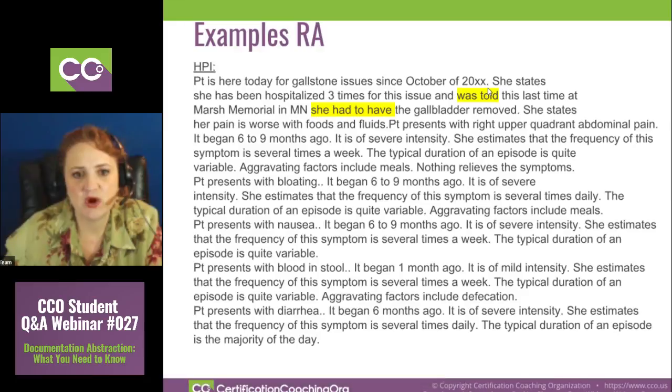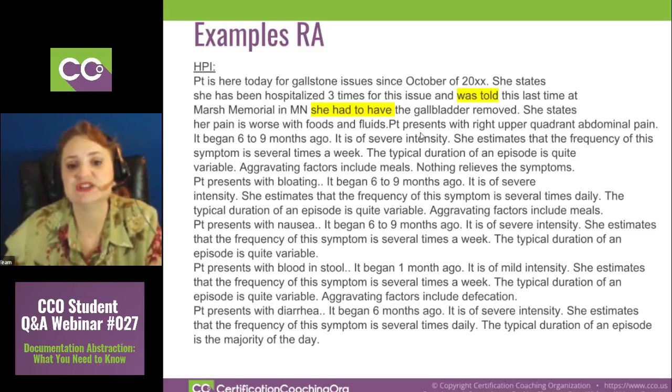Was told she had to have her gallbladder removed. That is fodder to me. Those little words are not going to leap off of the page at me, okay? Unless something doesn't make sense, then I got to go back, more attention to detail. Oh, she was told she needed to have her gallbladder removed. She's been in the hospital 3 times.